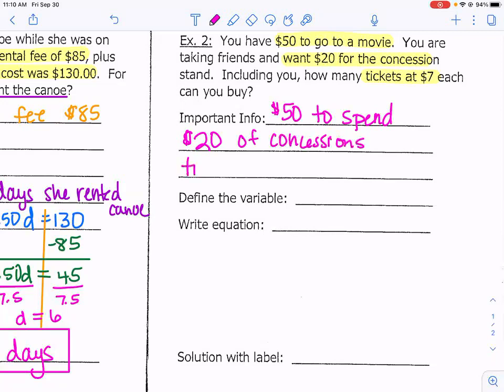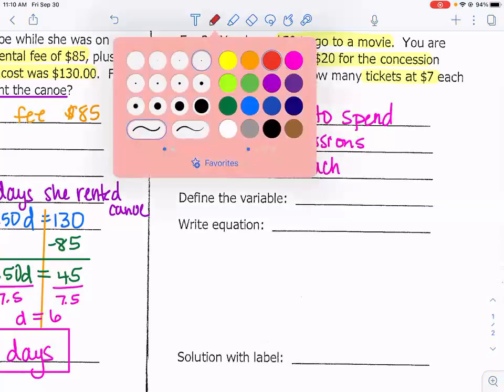And you know that tickets are $7 each. Okay, that's probably a good clue right there, that $7 each, that you could be buying more than one of them.